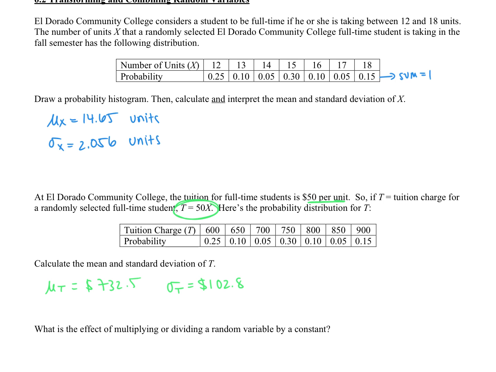Okay, so what I'm trying to see here, if we take a bunch of numbers and multiply them by 50, does it change the mean? Did our mean change? Yeah. Did our standard deviation change? Okay, and what I want us to notice is our mean got 50 times bigger, our standard deviation got 50 times bigger. Right, so if we had taken this number and multiplied by 50, we would have gotten 102. If we took 14.65, multiplied it by 50, we would have gotten 732.5.